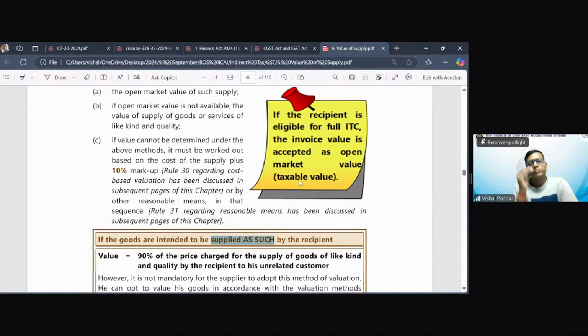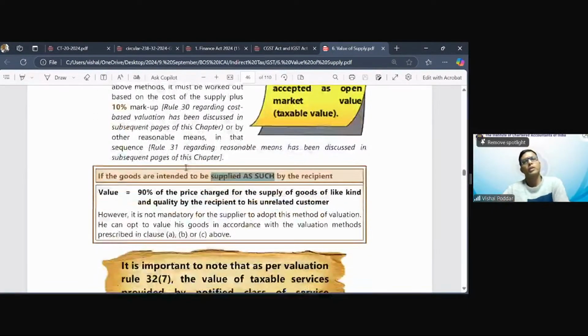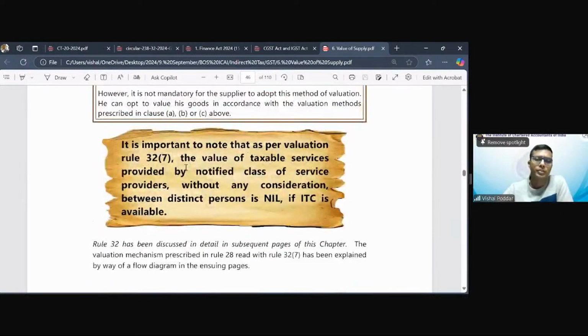So, Rule 28 has one very important exception or clause: whatever value you are charging to your related person will be accepted if that related person is getting full ITC of your supplies. This is the valuation rule in case of related party transactions or in case of distinct person transactions.